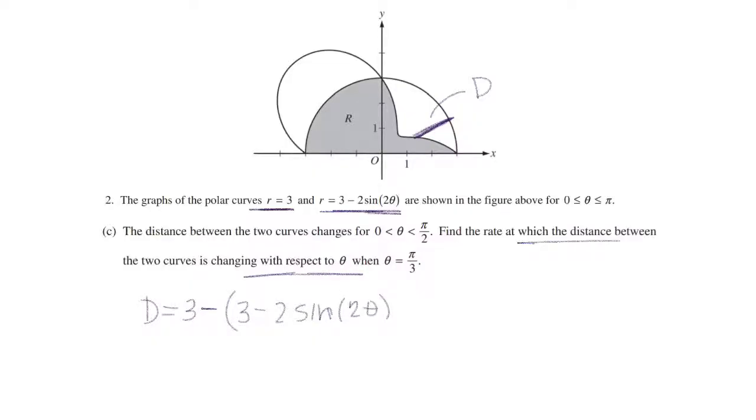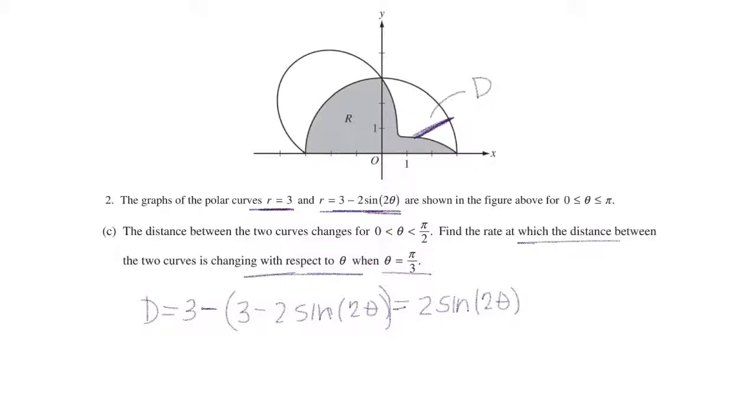Okay, and so let's see here. I think that would be a fair estimate of that distance. I need to close the parentheses there. So that distance should shape up to be 2 sine of 2 theta. And now we need the rate of change, don't we? Find the rate at which the distance between the two curves is changing with respect to theta when theta is pi over 3.